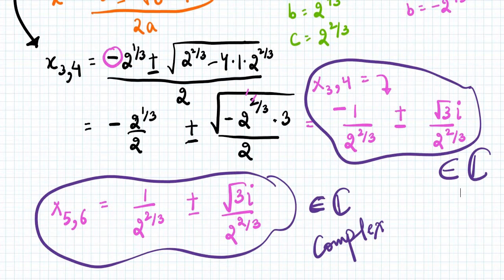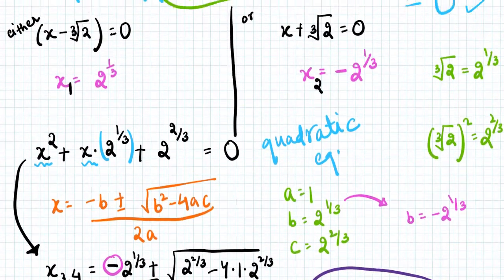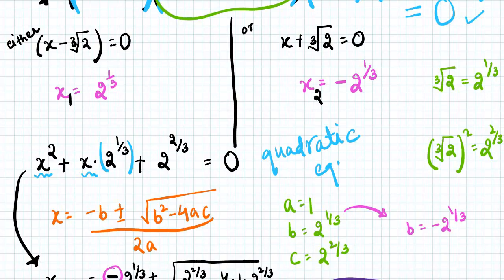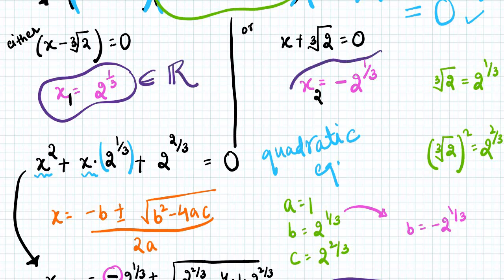And we have our real answers as well, which are these 2, which belong to real, and this one also belongs to the real number set. Okay, so yeah, these are our answers.